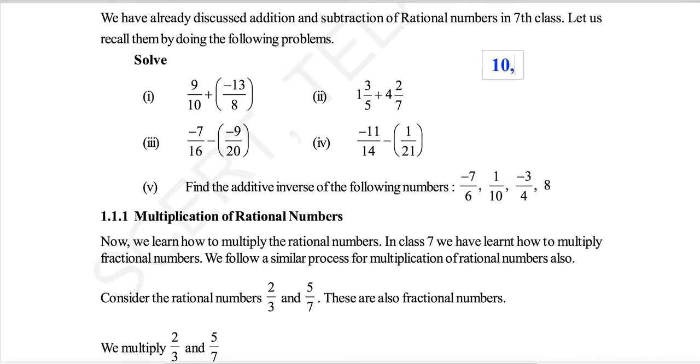10 comma 8. Okay, right, right. So both will go by 2, right? So 2, this becomes 2 5 10, 2 4 8.